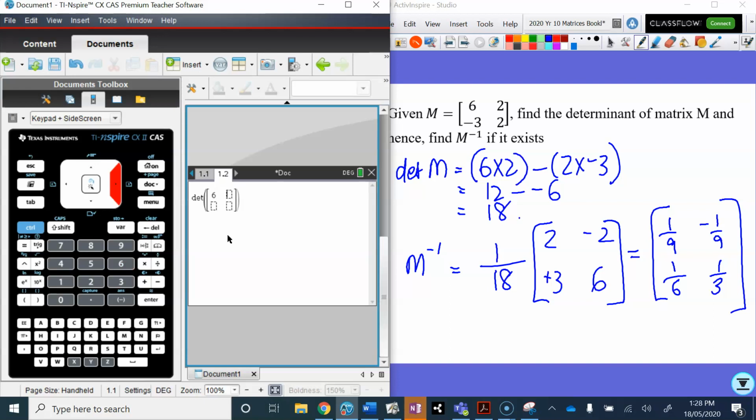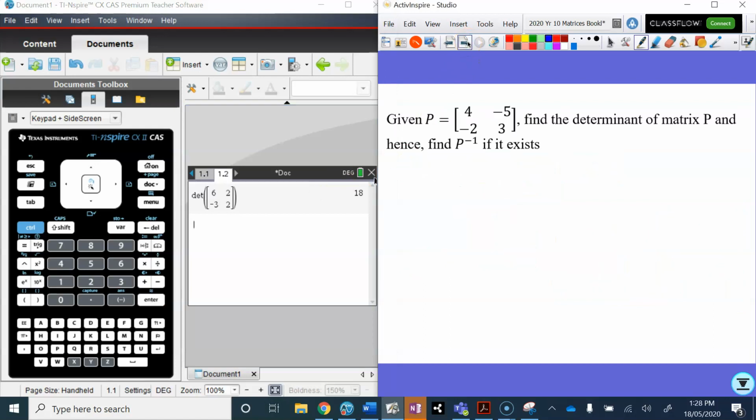So 6, 2, negative 3, and 2. And hit enter, and it does the calculation for me. If I already had that matrix stored as matrix M, I could just do menu, matrices, determinant, M, enter. Okay.